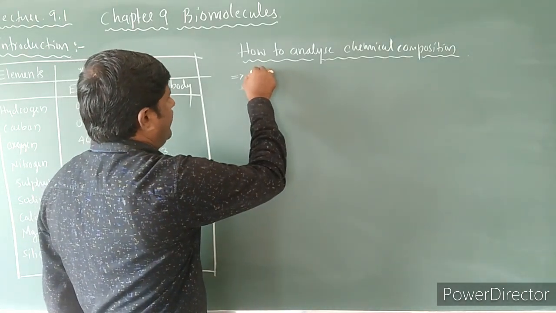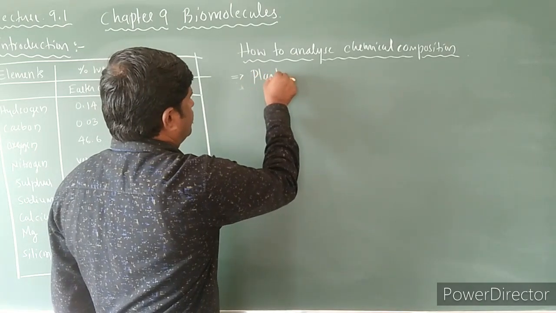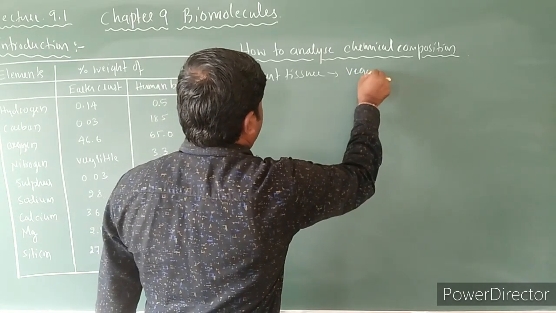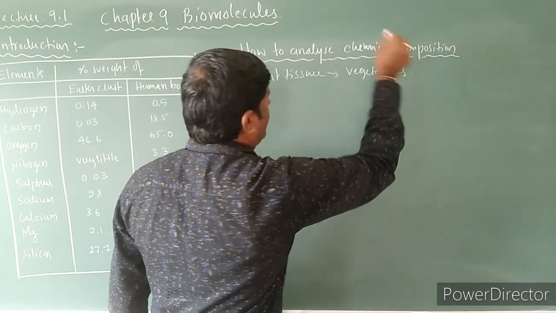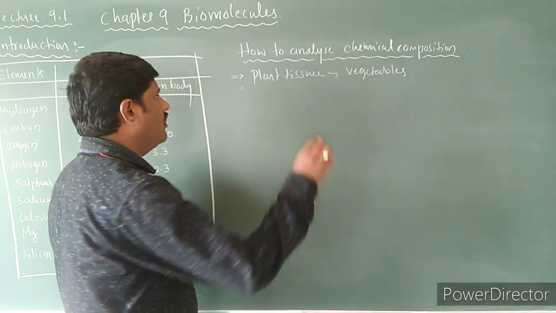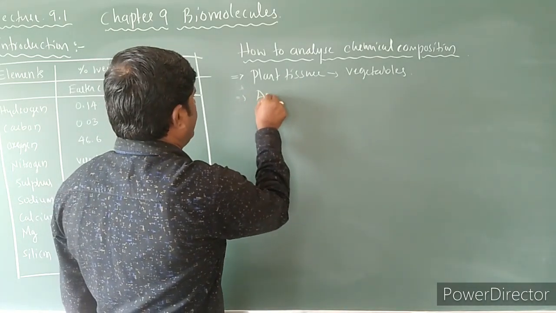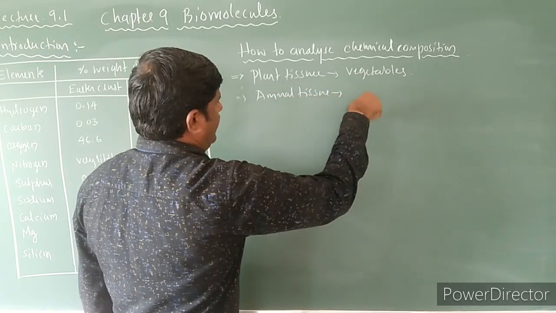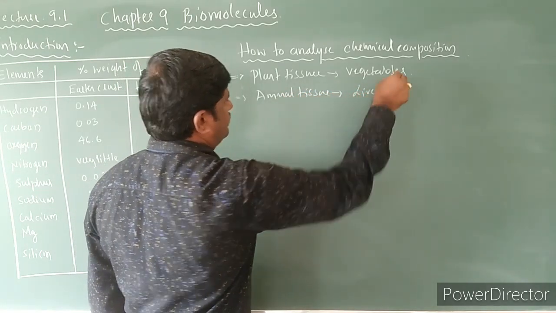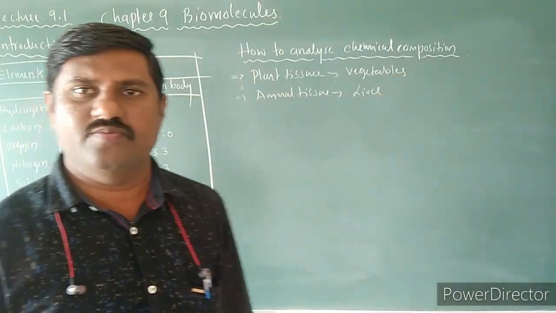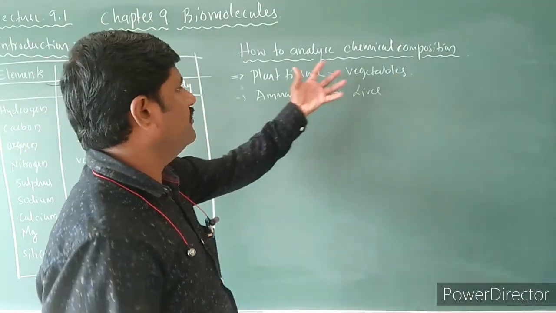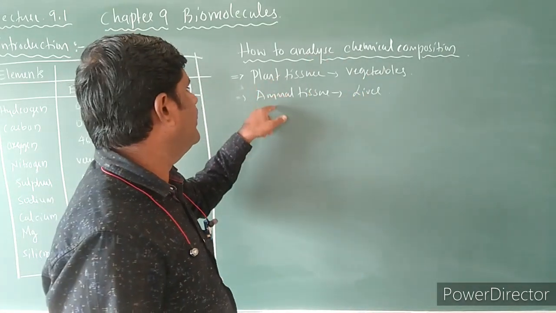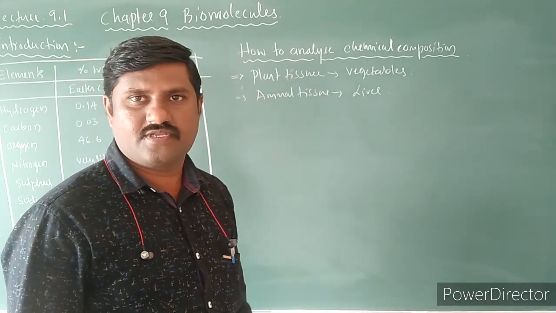So see here, if any tissue, maybe plant tissue, is taken, say for example, vegetables. Or else you may take animal tissue, taken from the liver of the human body, right? So from these vegetables as well as liver, you take the respective plant and animal tissue, right?